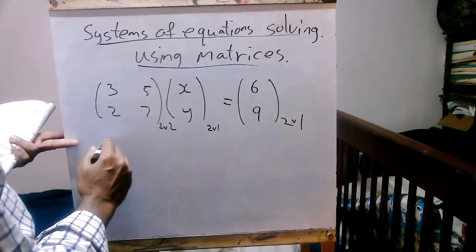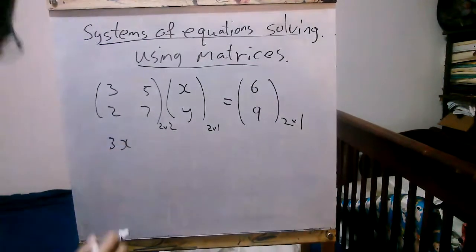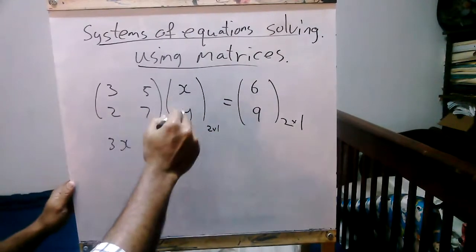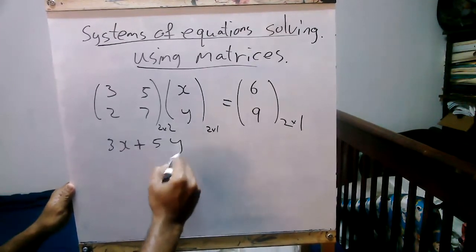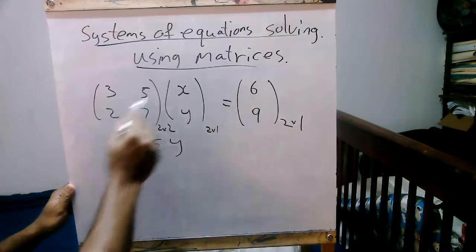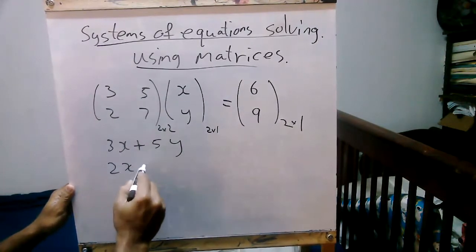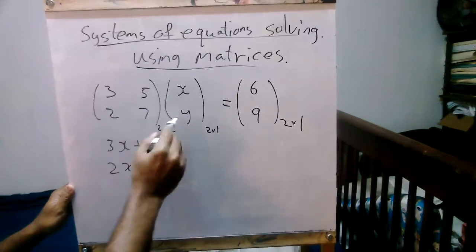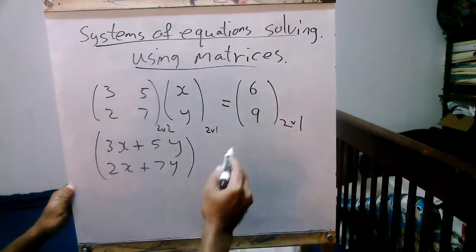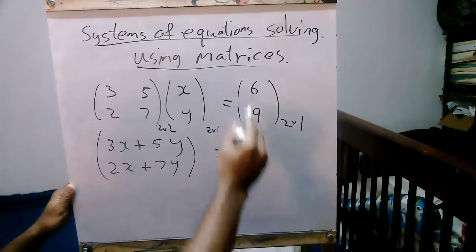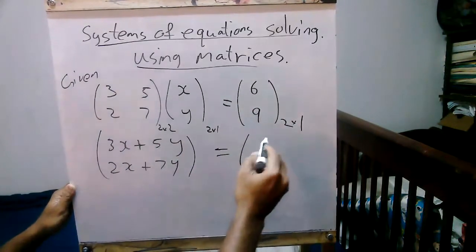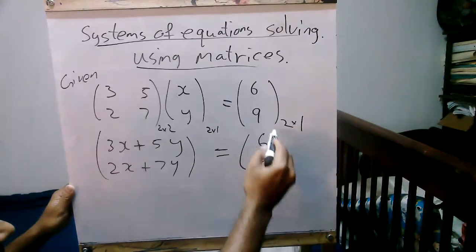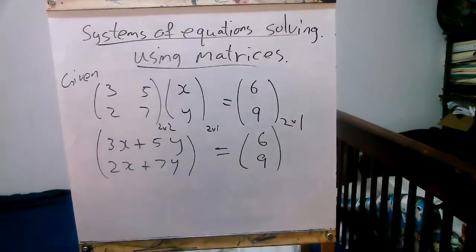Okay, this is 3x plus 5y, here 2x plus 7y, right? This is equal to, this is given, 6, 9.